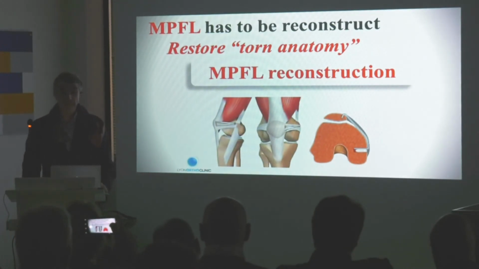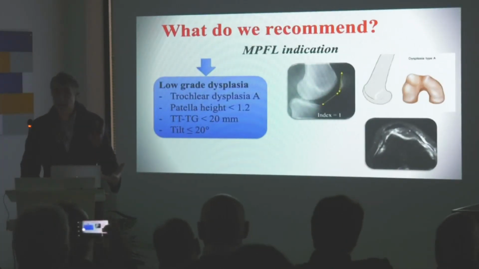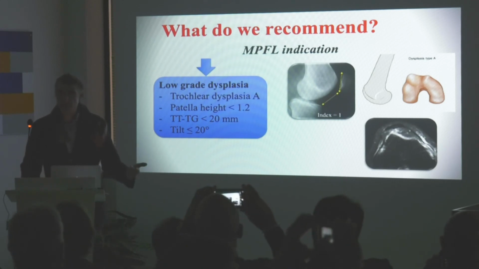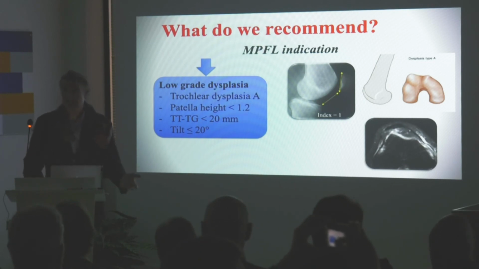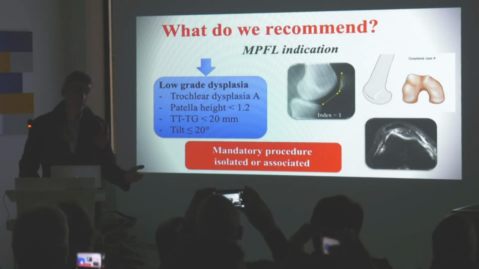Then, about MPFL. Yes, you have to reconstruct the MPFL every time, because every time the MPFL is torn. So this is mandatory to do it. The best indication for an MPFL is a low-grade trochlear dysplasia, small trochlear dysplasia, type A, no patella alta, no excessive TTTG. This is the best indication for an MPFL, but I will associate an MPFL to any procedure I do.